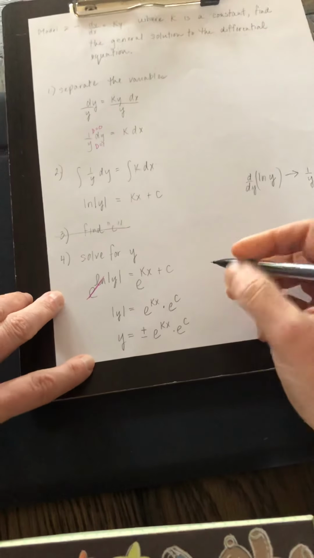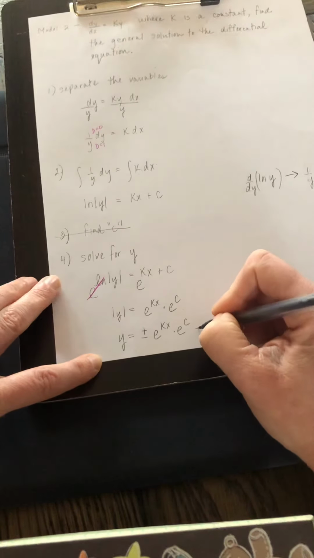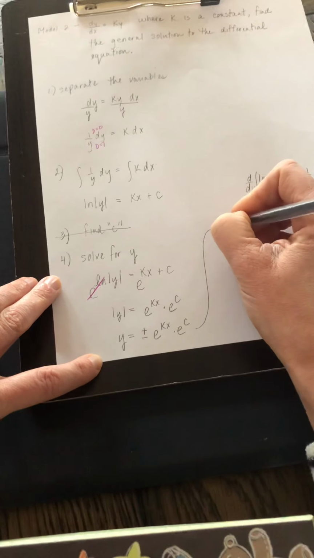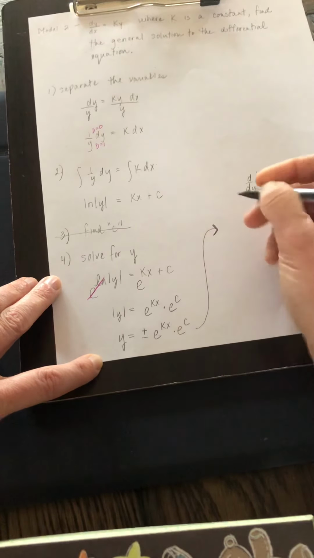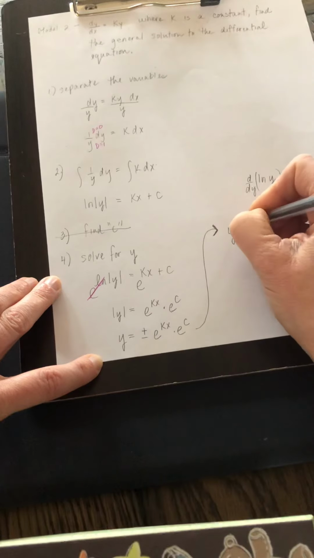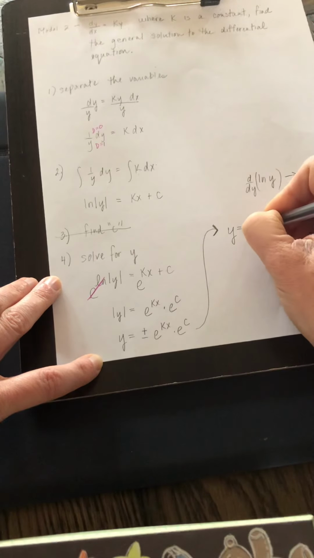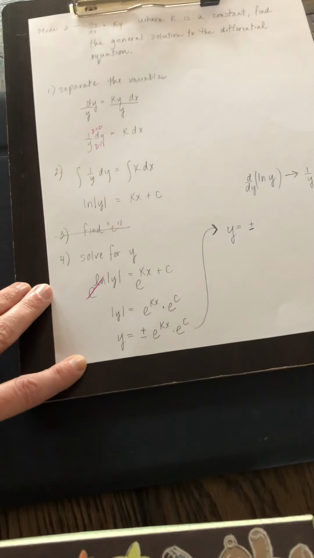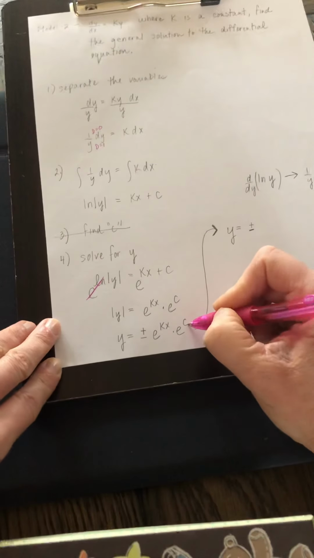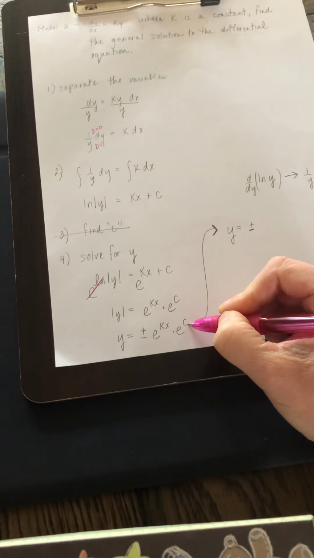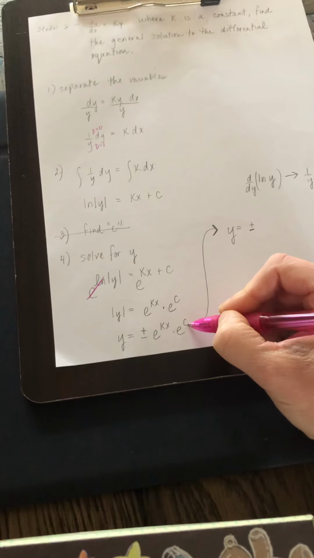And further, I'm going to rewrite this another way. If you think about it, c represents an unknown constant. Could be 4, could be 1.2, could be pi, could be whatever. But it represents a number.